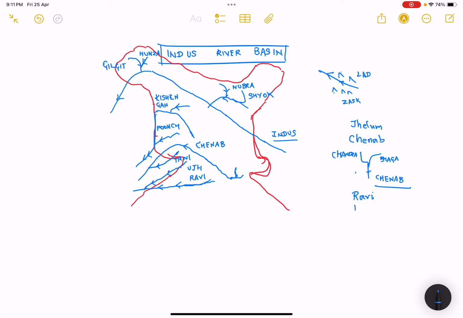And then we have Beas. Just like River Ravi, it also starts in Himachal Pradesh, close to Rohtang Pass. One thing which we always have to remember, which is also a prelims question, is that Beas River meets Sutlej in Punjab near Harike wetland. That is an important point to note because it doesn't enter into the country of Pakistan.